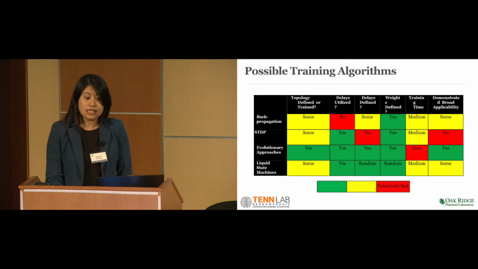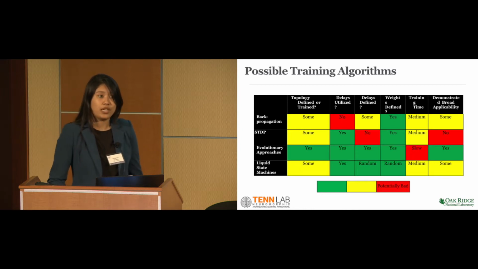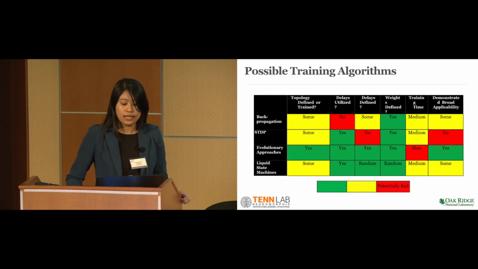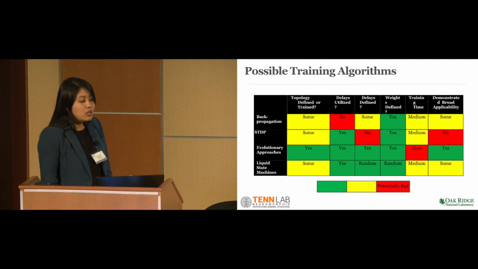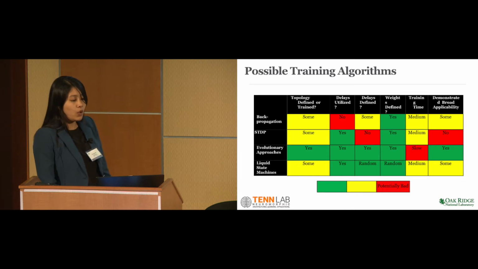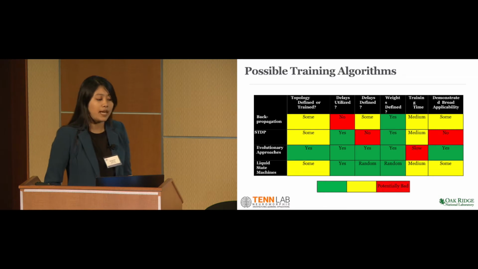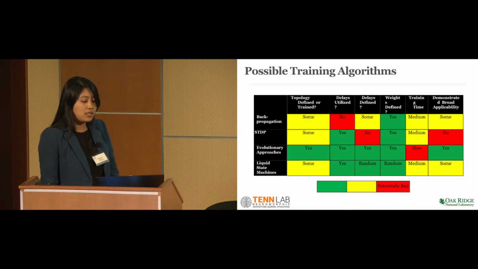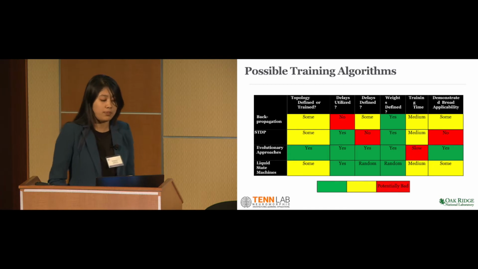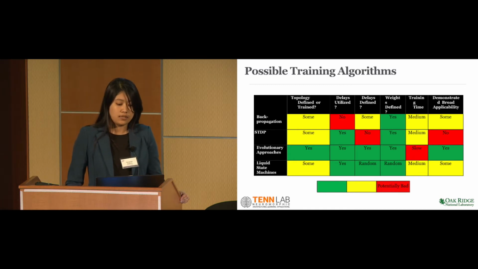What are the weights? What is the training time for each algorithm? And most importantly, how broadly the algorithm can be applied in various applications. We have considered 4 training algorithms. These are backpropagation, spike time dependent plasticity, or STDP in short, and the other 2 are evolutionary approaches and liquid state machines.